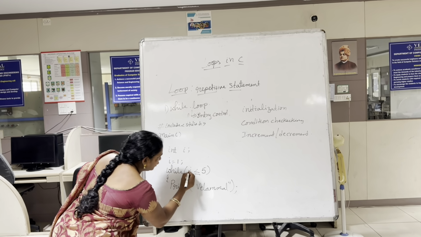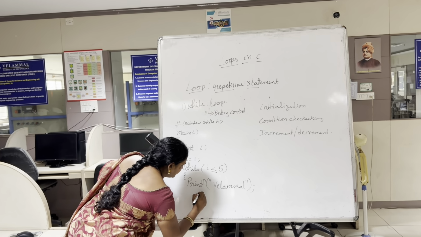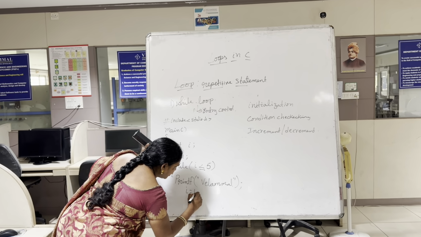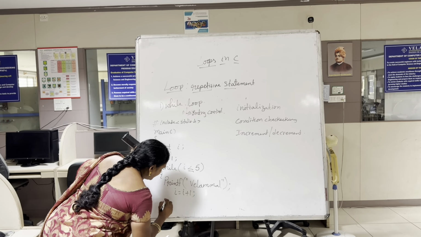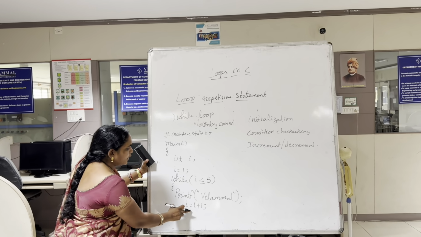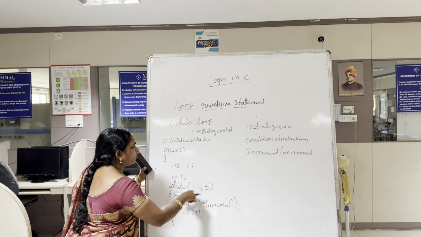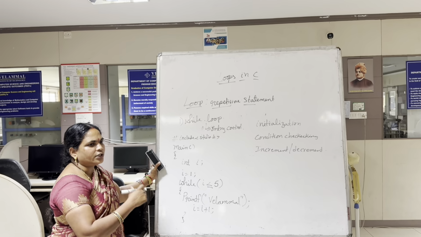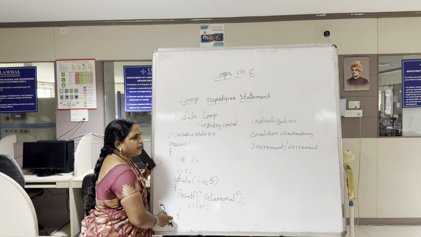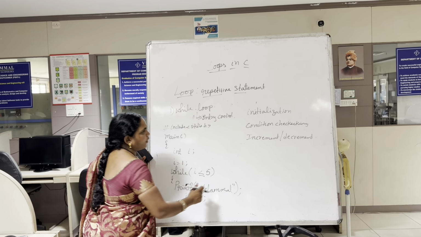So the I value initially we have given as 1. It has to be incremented by 1, so I equal to I plus 1. Its value will be incremented, and once the I value reaches 5 and goes to the incremented value of 6, the program will be terminated after printing the output Velammal 5 times.